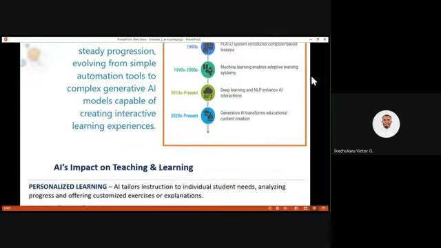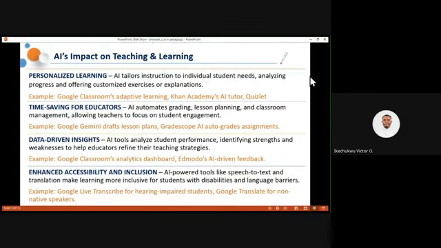Right. So moving on, we're still continuing with the impact of AI in teaching and learning, or overall pedagogy: personalized learning. Like someone was saying, AI cannot have individual differences or differentiated learning.